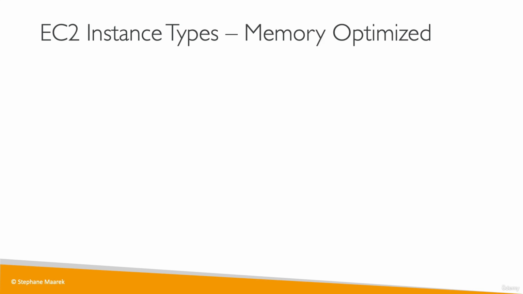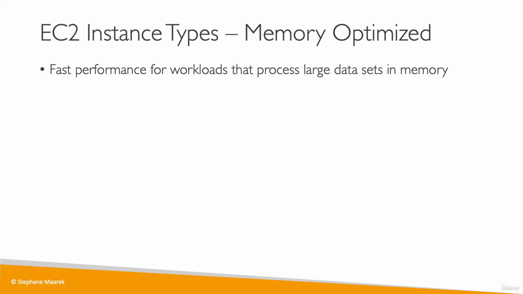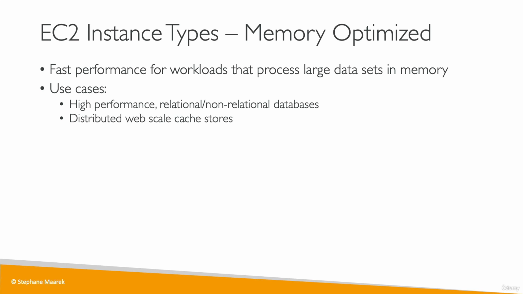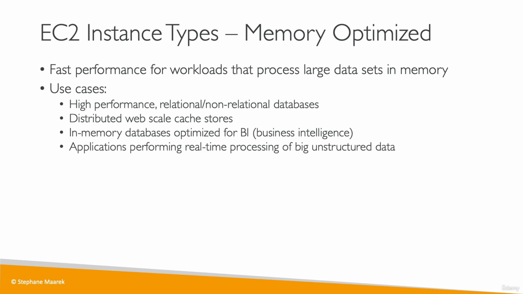Next, we have EC2 instances that are memory optimized, and they have really fast performance for workloads that process large data sets in memory. Memory means RAM. The use cases are high performance relational or non-relational databases, mostly in-memory databases, distributed web scale cache stores, for example ElastiCache, in-memory databases optimized for business intelligence or BI, and applications performing real-time processing of big unstructured data.